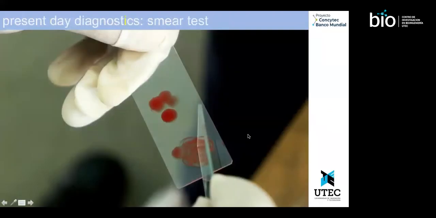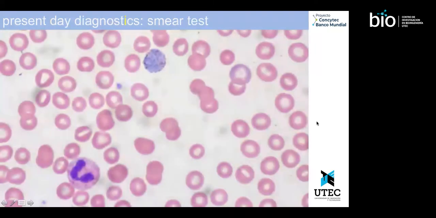One of the most used methods these days to do diagnostics is what they call a blood smear. They put a drop of blood on a slide, and then they smear it over the slide to make a thin layer of blood. And then you can put it under the microscope, and you will see something like this.